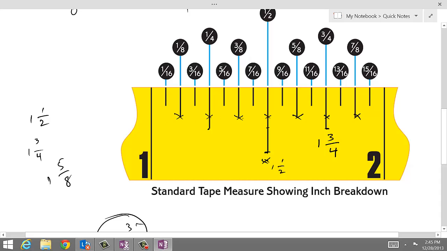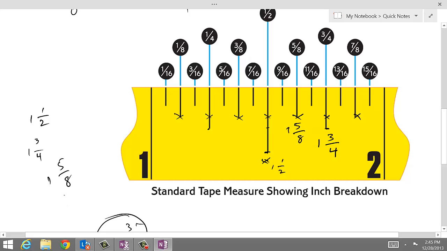So 1, 2, 3, 4, 5, 6, and 7. And these 7 lines are dividing the space between 1 and 2 into 8 equal parts. So if we were to locate 1 whole 5 over 8, 1, 2, 3, 4, 5. So this would be 1 whole 5 over 8.